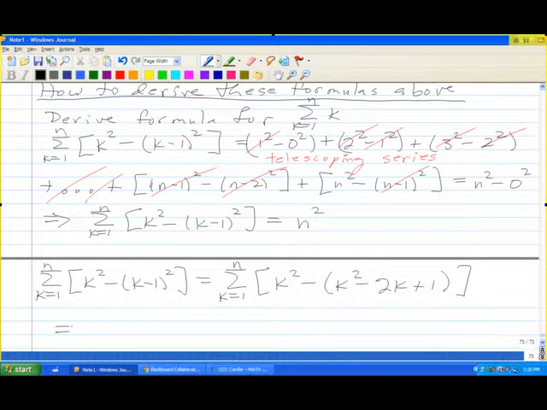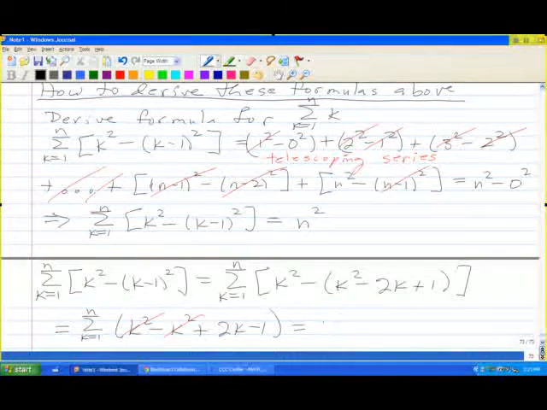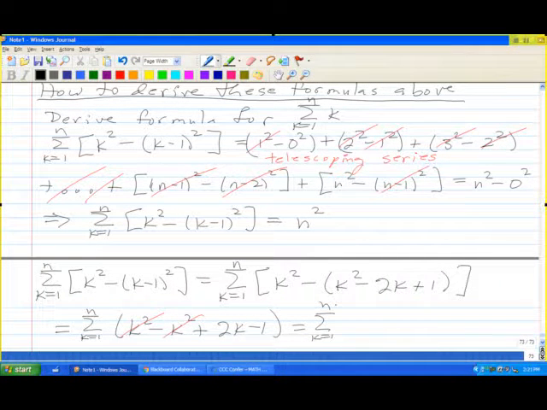So this is equal to the sum k equaling 1 to n of k squared minus k squared plus 2k minus 1. The k squares cancel. So you just get the sum k equaling 1 to n of 2k minus 1.